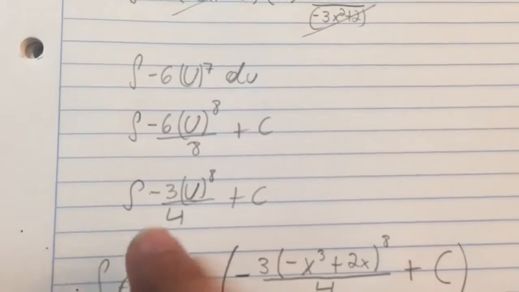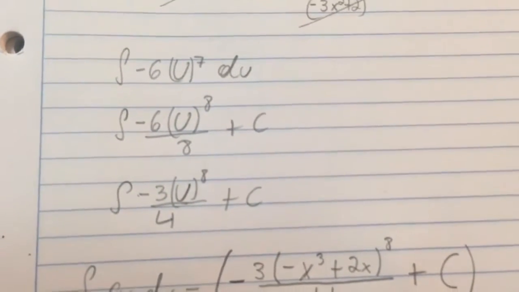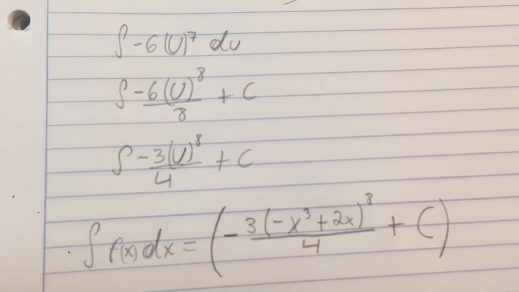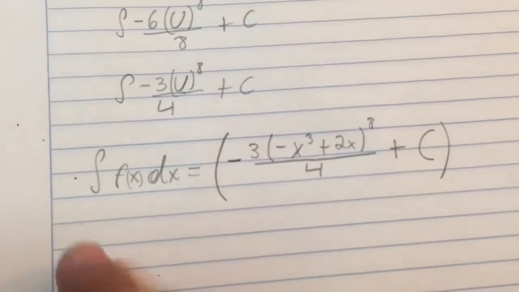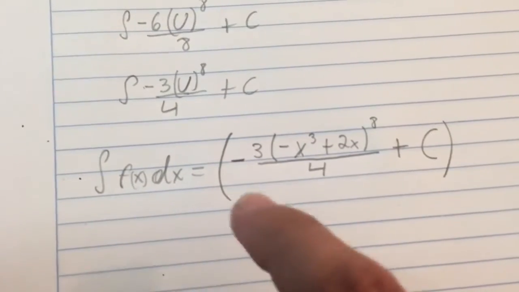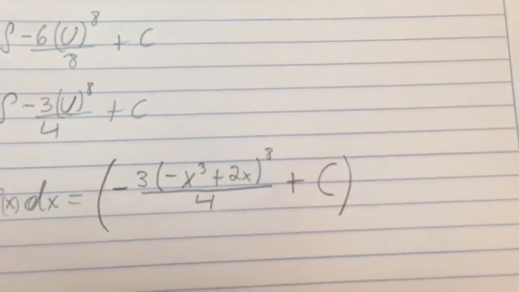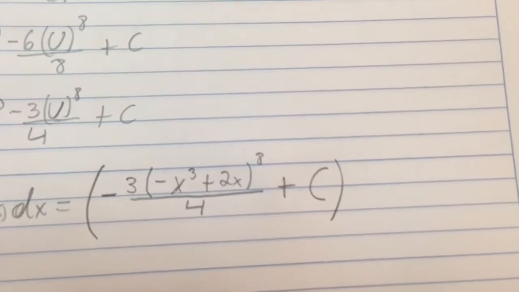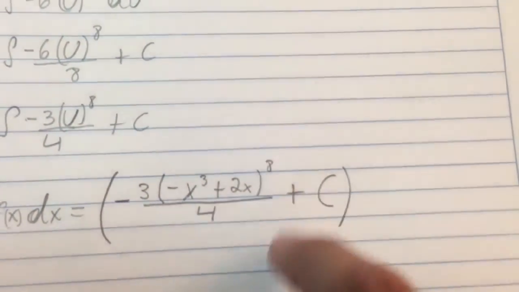So we have negative 3 over 4 times the u to the 8 plus c. So the final step: the integral of f of x times dx equals the negative 3 times the negative x cubed plus 2x, that binomial to the 8th power, divided by 4, plus a constant.